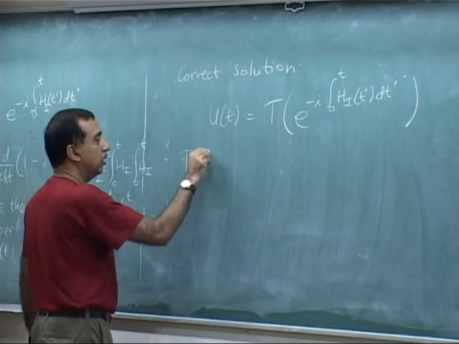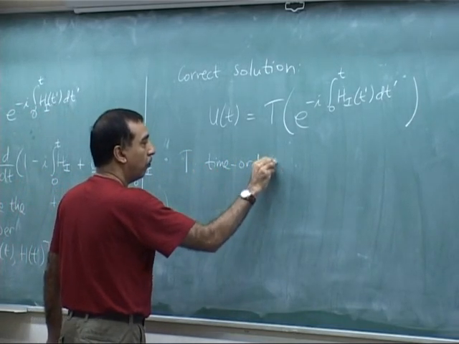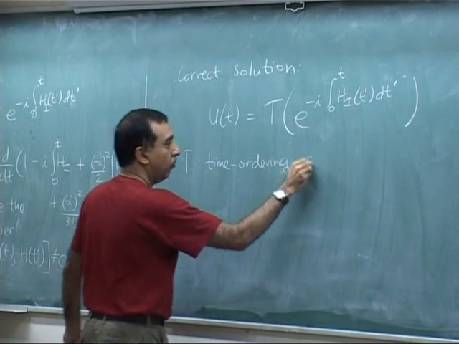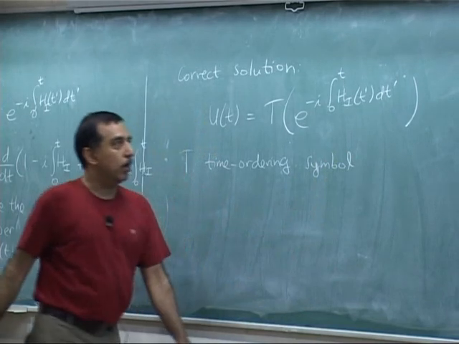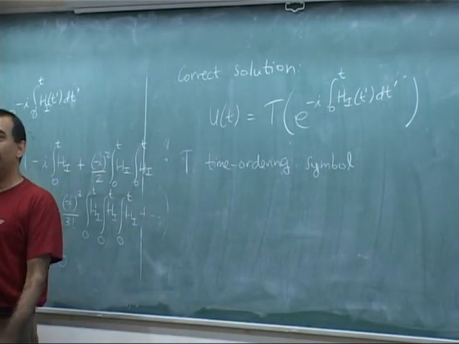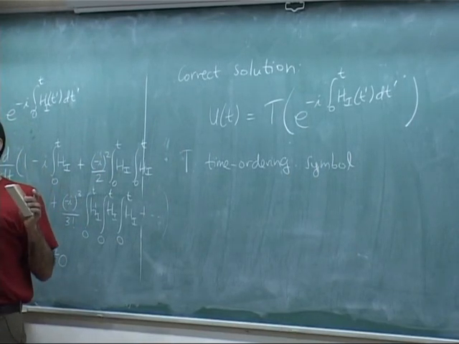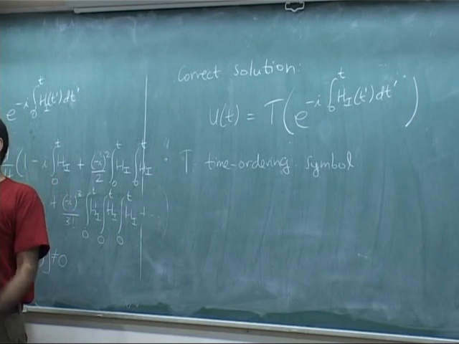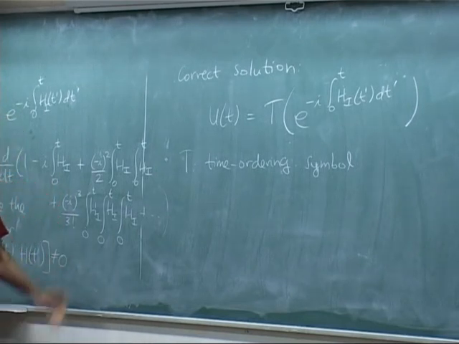We've already encountered T. What time ordering does is to impose a fixed ordering on all the operators inside it, such that all the ones at later times are to the left of those at earlier times. Okay?